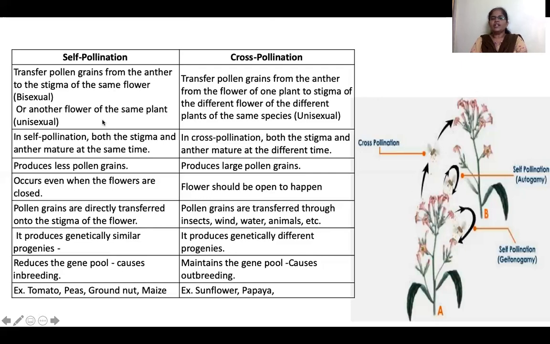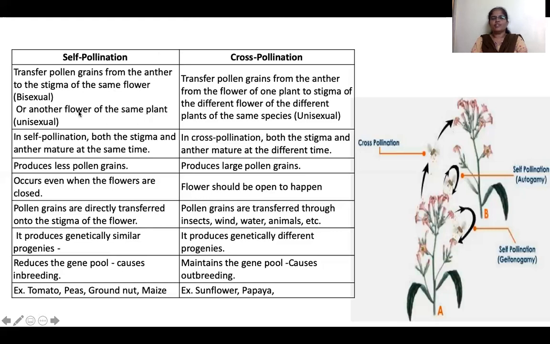Okay, let us see the differences between them. After pollination, the remaining cycle of sexual reproduction remains the same. Now let us see what are the differences between self-pollination and cross-pollination. Self-pollination, as we saw, is the transfer of pollen grains from anther to the stigma of the same flower or another flower of the same plant.